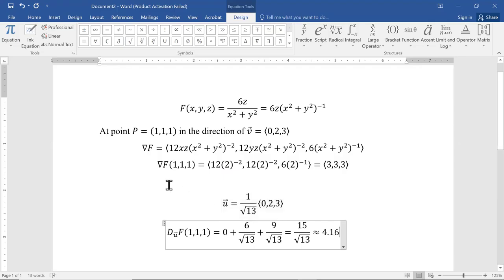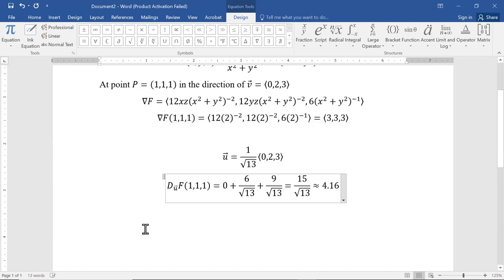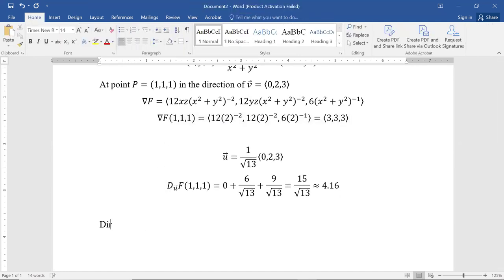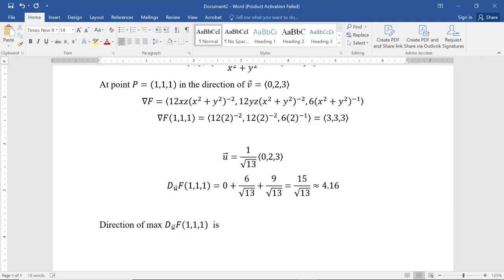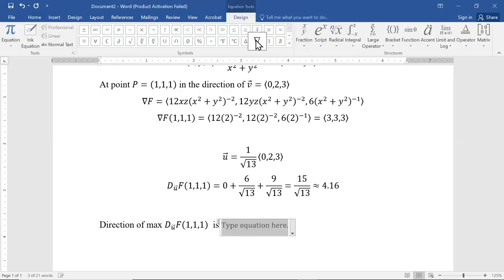So there you go. Now we've already calculated the gradient at this point. So the direction of the maximum directional derivative is going to be the gradient at the point 1, 1, 1 in this case.